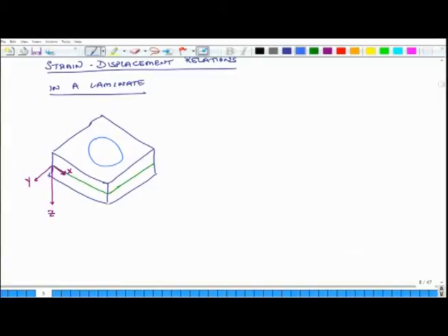So, this is a small portion, and let us call this top point as A and the bottom point is D. So, I am cutting a small portion and I am looking at it, and then I zoom it, and this is the undeformed position. So, when I look at the undeformed position, it looks like this.